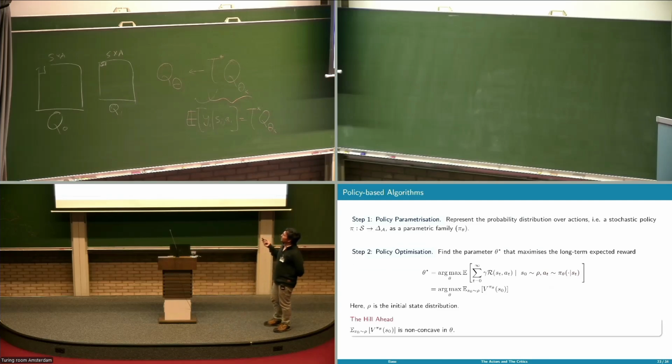Okay. So now the question is how to do that. So the first thing is you try to go analytical, you try to find a solution if you can find one. But the problem is often this expectation of V^{π_θ}(S_0) is non-concave in θ. So you don't have one closed form expression. So probably, yeah, it's not as good as all the Bellman equation and things we have seen. Very nice stuff.